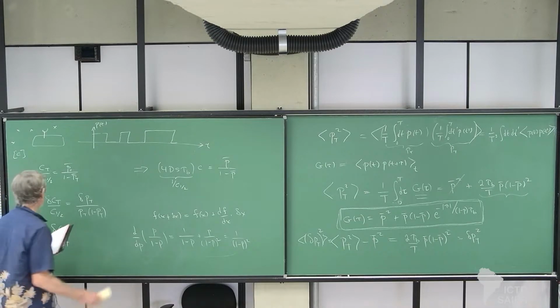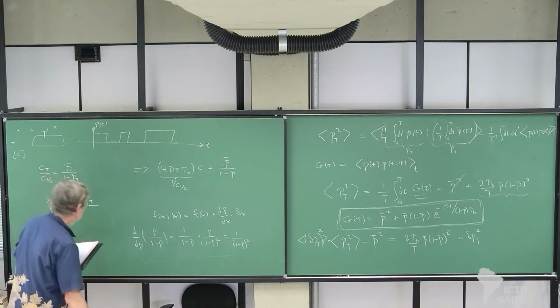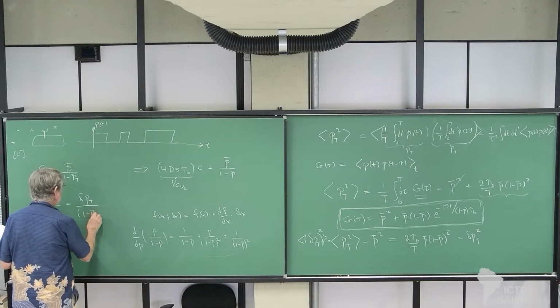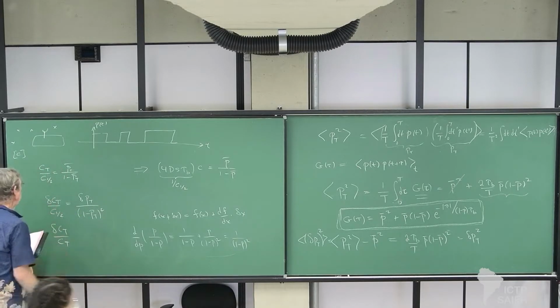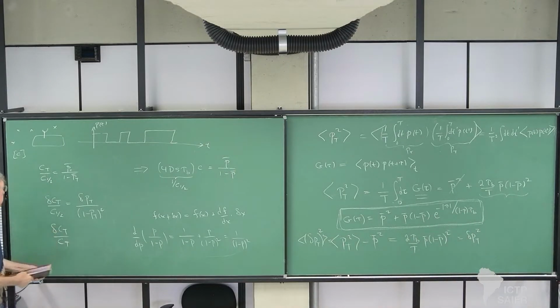Right. So literally, sorry about that, this is now 1 minus PT squared, okay? However, what I'm really interested in is this, not the variance of what I infer compared to C half, but compared to CT.